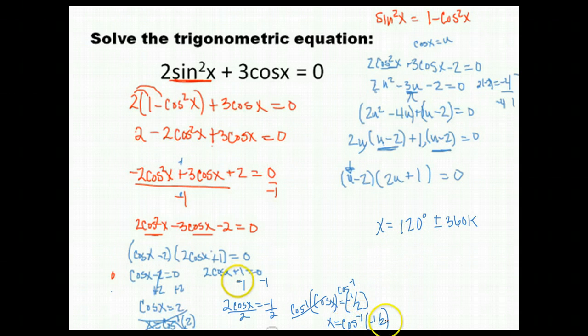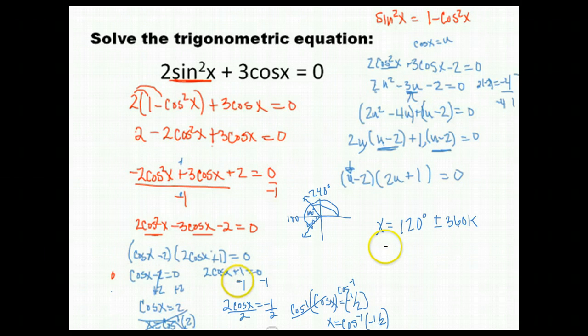But remember, there's also another value on the unit circle where cosine is negative 1/2. Cosine is negative here at 120 degrees. Okay, it's also negative 1/2 down here in quadrant 3. Now remember, this was 60 degrees away from our x-axis, so we want the angle 60 degrees away from the x-axis here. So if we just take our 180 degrees and add 60, we know we have a 240 degree angle.